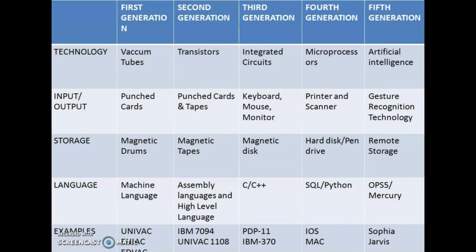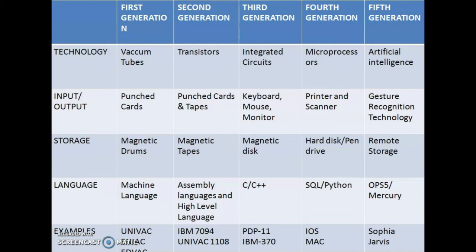Printers and scanners were used at the time. Hard disk or pen drive was used to store large amounts of data. The languages used were SQL and Python. For example, iOS and Mac.